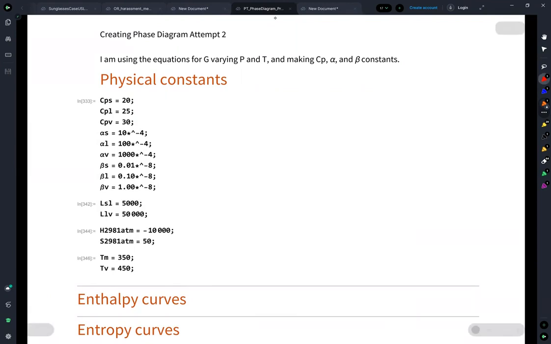So I started out putting in physical constants, and I usually just keep those at the top of my code, and I'll turn them on and off depending on if I want to work numerically or analytically. These are the heat capacities, and I put S, L, and V to specify if it's a solid, liquid, or vapor.